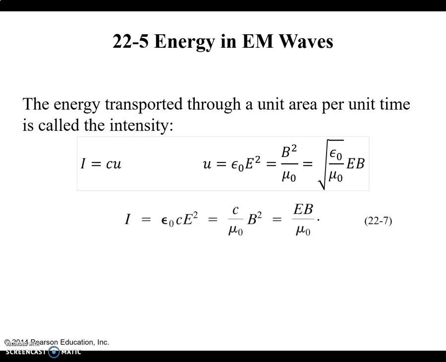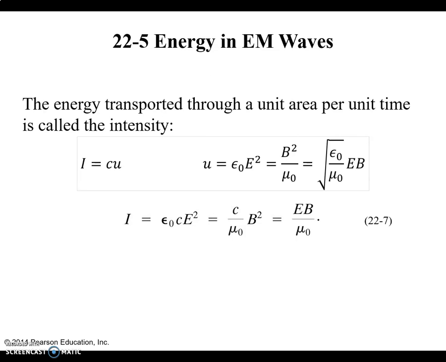When we do that, we find that there are three ways to calculate the intensity: epsilon naught times the speed of light times the electric field squared, or the speed of light divided by mu naught times the magnetic field squared, and also the product of the electric and magnetic fields divided by mu naught. All three will give us the intensity of light, or conversely, if you have the intensity of light, you can get the value of the electric and magnetic fields.